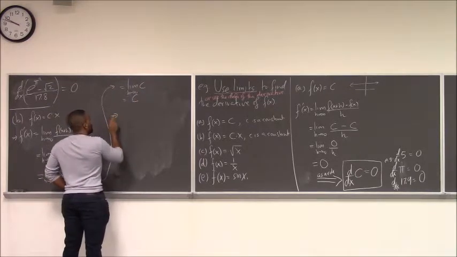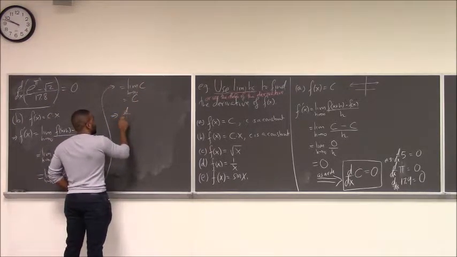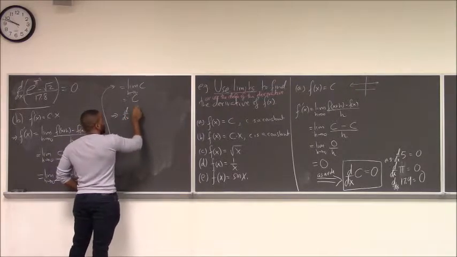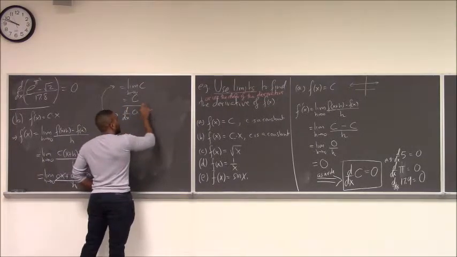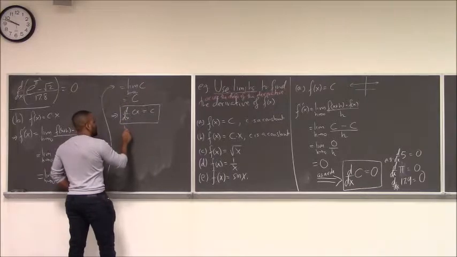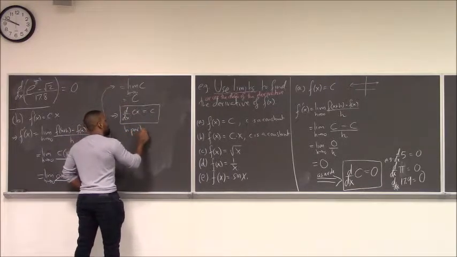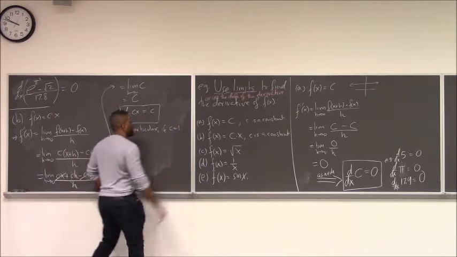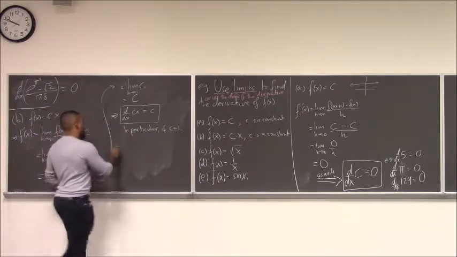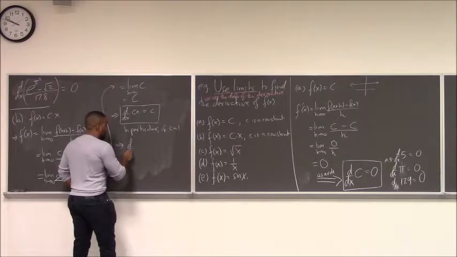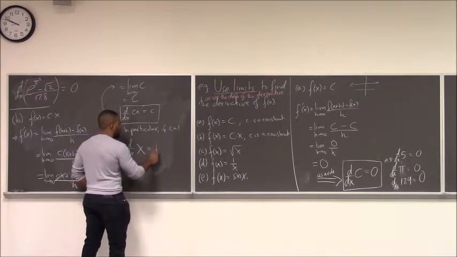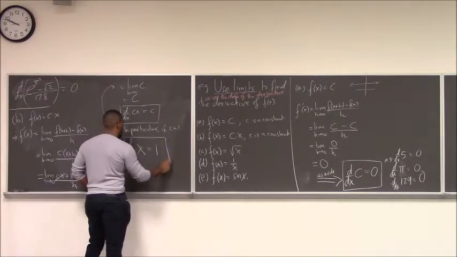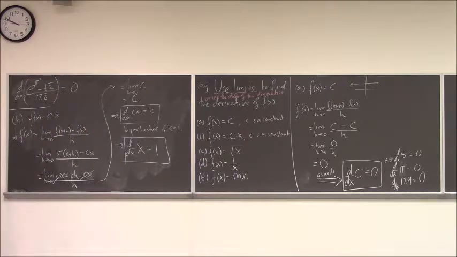So again, you can take that as a general rule. Derivative of a constant times x is just the constant. In particular, if c equals 1, we just get the function x itself, and we can just know from now on that the derivative of x is 1. There are some shortcut forms of that. It'll be nice to know.